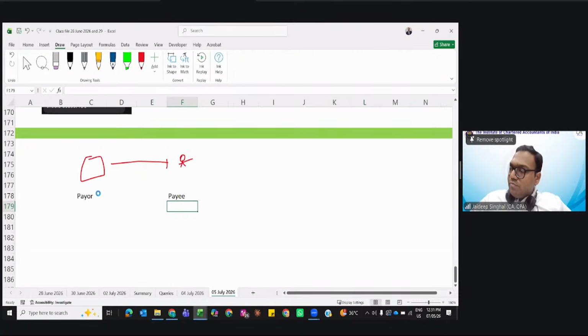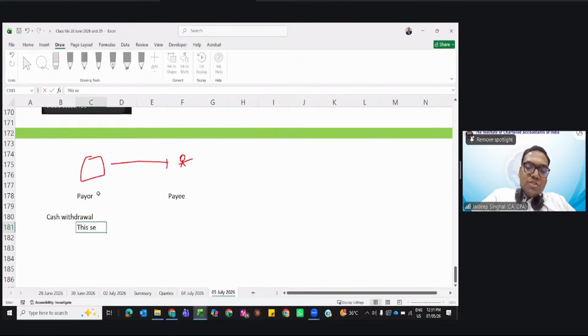Now there is a section on cash withdrawal. This section is not related to income.